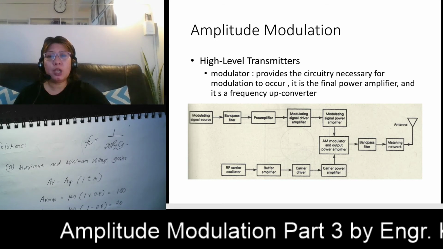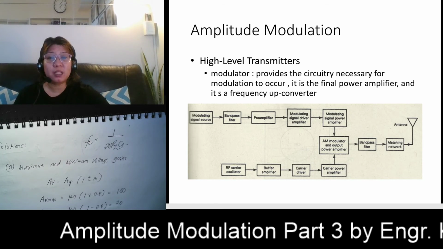Your power here is said to be high enough already, and it doesn't need further amplification prior to transmission. Your modulating signal is processed in the same manner as in the low-level transmitter, except for the addition of power amplifiers prior to the modulating process.